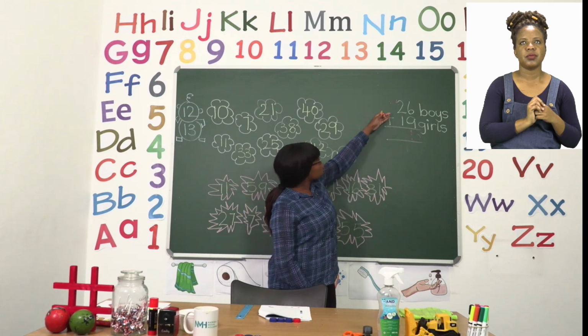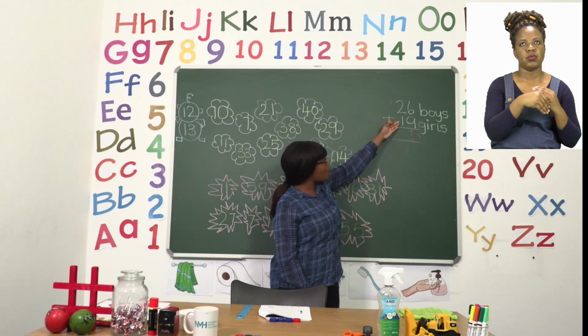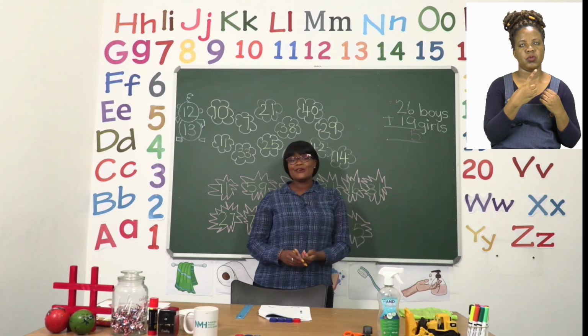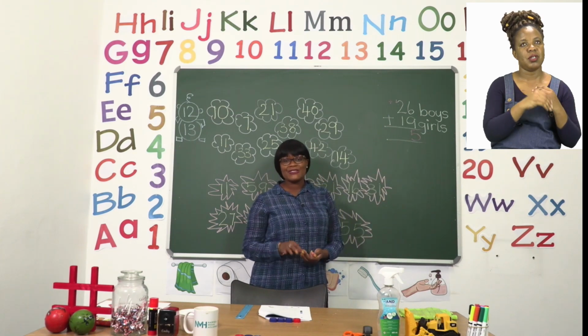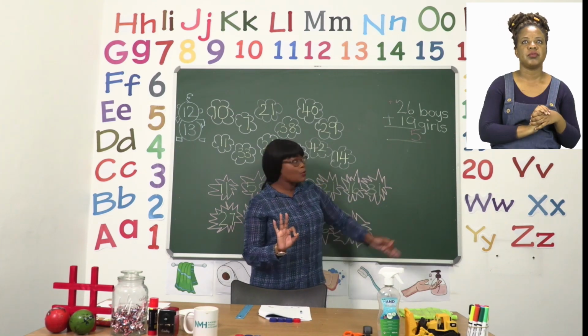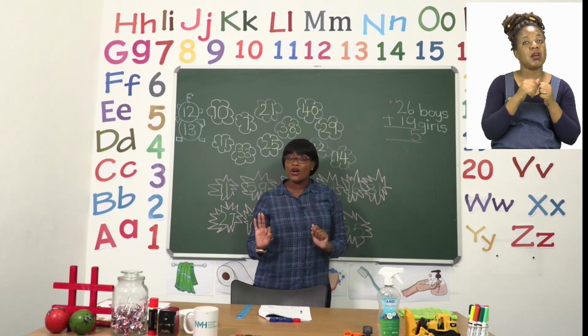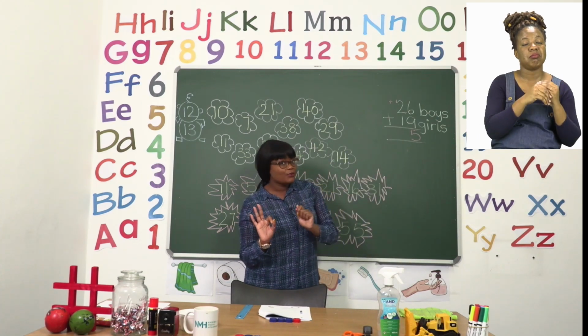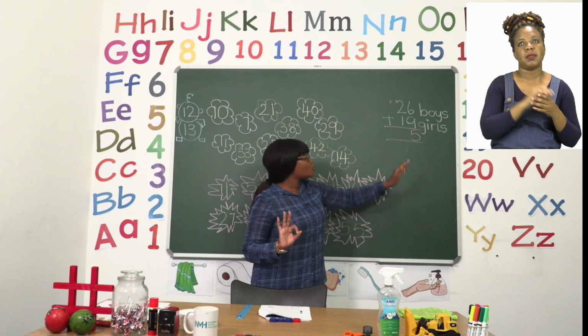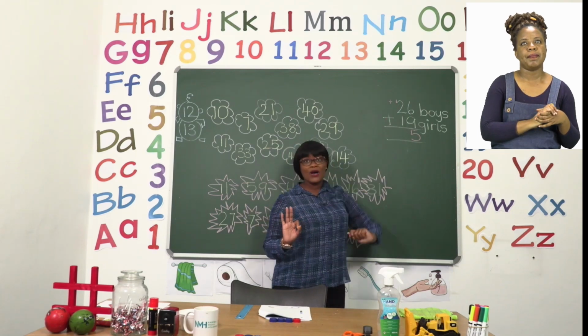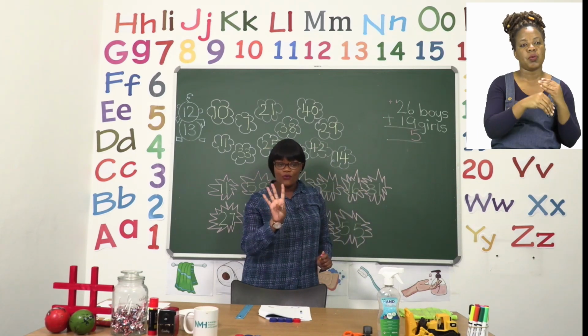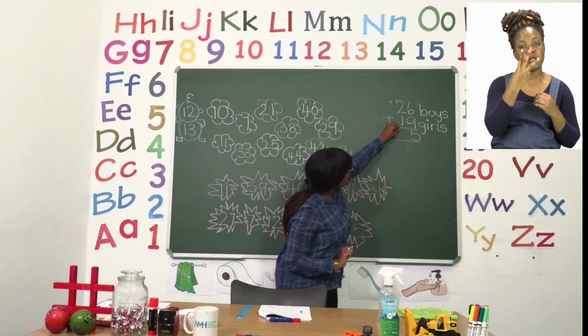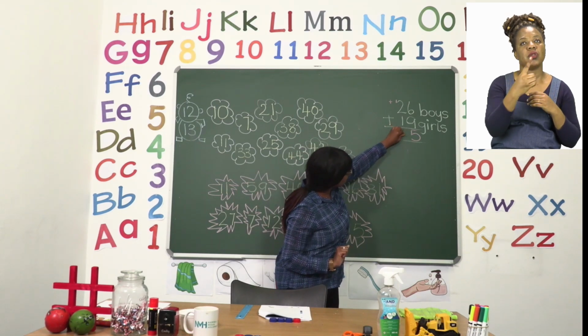Now we say 2 plus 1. And we know that 2 plus 1 equals 3. But remember, we have that extra unit we got because our bag previously was too heavy. So we say 3 plus the 1 we have is 4. So we are going to write our 4.